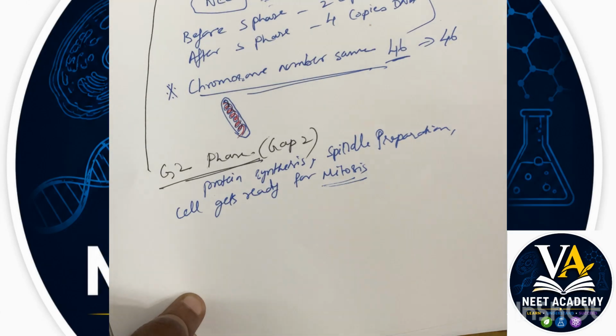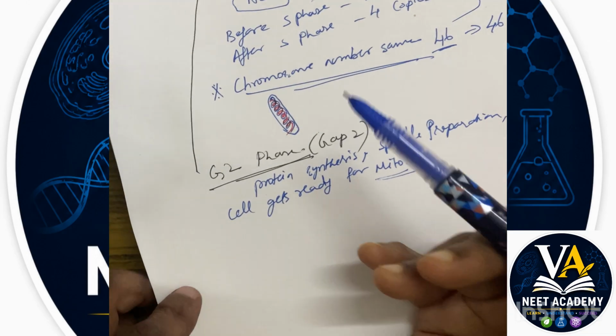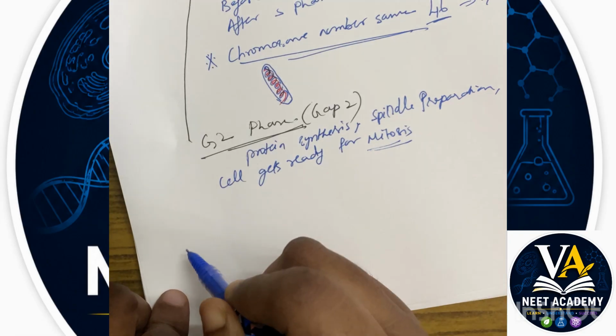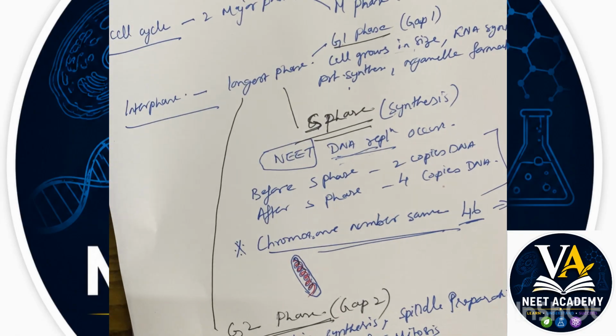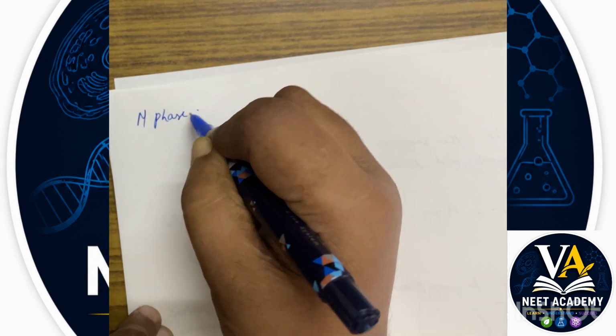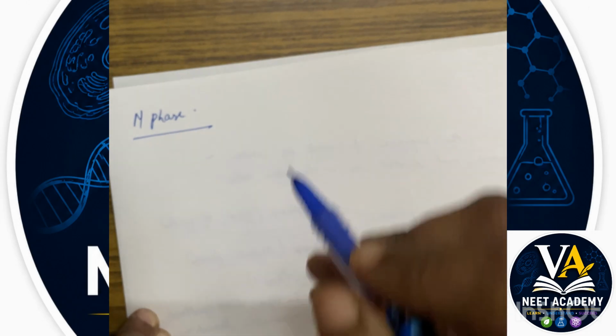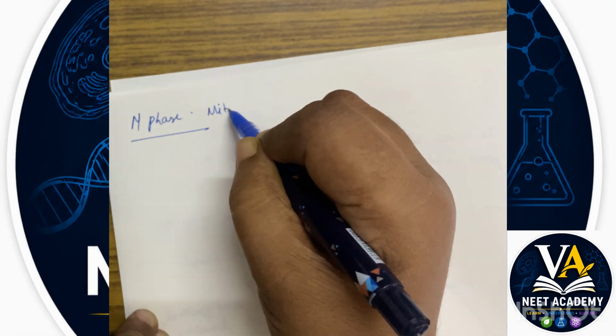Okay. So now let us move on to the next phase, which is your M phase. I'll take another paper for this because it needs a detailed explanation. After 95% of the time in the interphase state, the cell enters into the M phase, which is also called the mitosis phase.